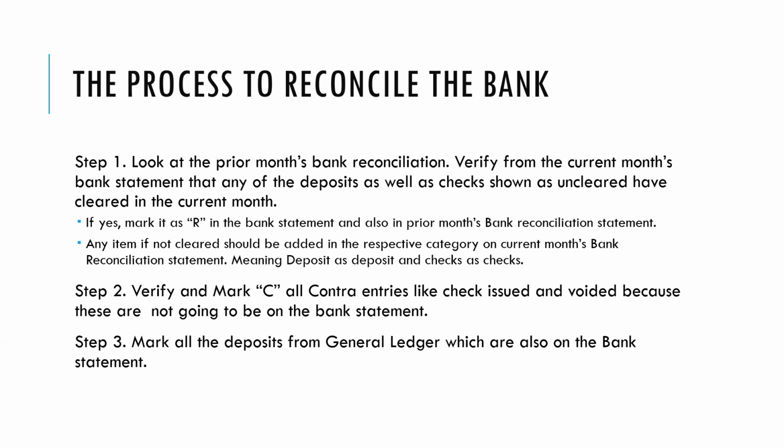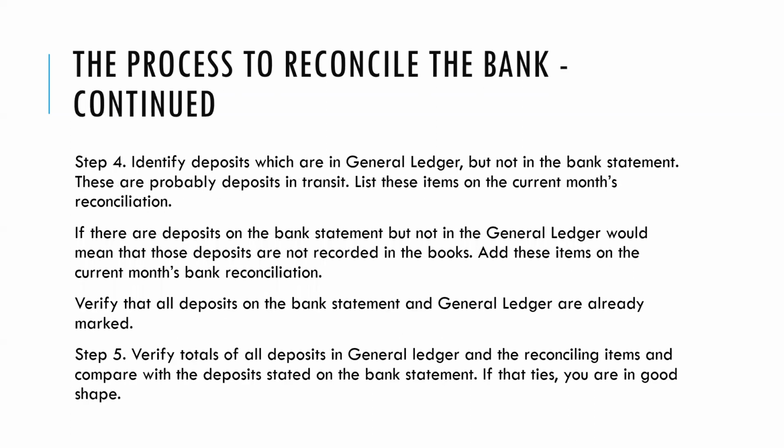Once that is done, then any item which the general ledger shows as a deposit and which is not in the bank is considered a deposit in transit, and those items you put on your bank reconciliation statement. Then you look at any other item which may be a deposit on the bank statement. You do research, and if it is not in the books, you also put that into your reconciliation statement.